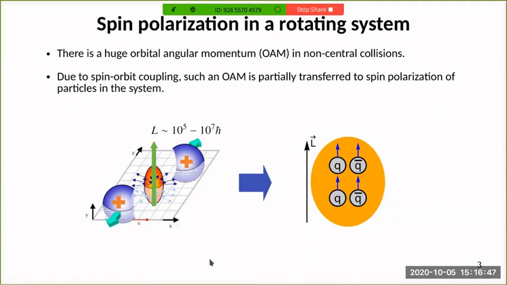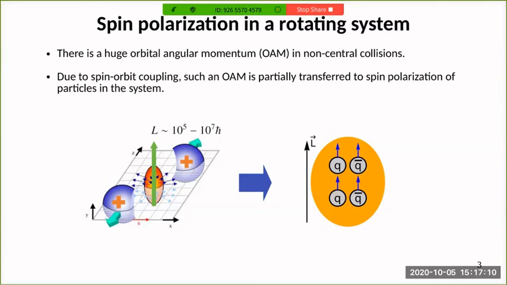Okay. Sorry. So as we know, in non-central heavy ion collisions, there is a huge orbital angular momentum, and such OAM can be partially transferred to the spin polarization of particles in the system, and this can lead to the so-called global polarization.